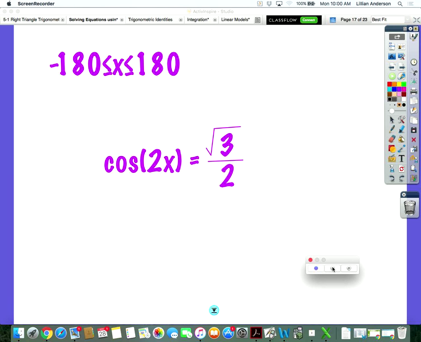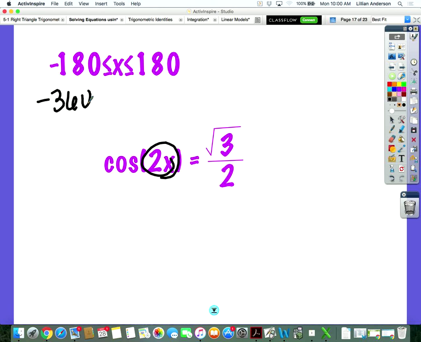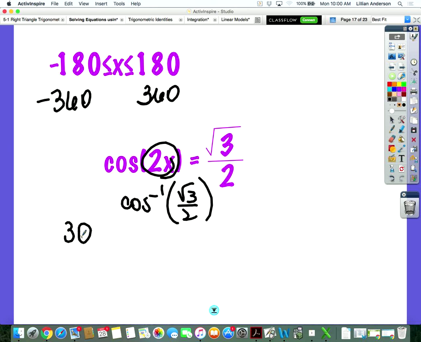Negative 15 and 165. Remember that 2x means you need to change the domain, so it would have been from negative 360 to a positive 360. And you had to figure out where is cosine square root of 3 over 2. Well, that happened at 30 degrees and 330, as well as negative 30 and negative 330.